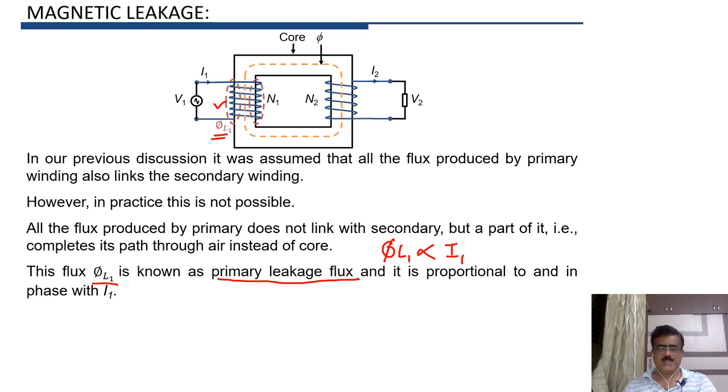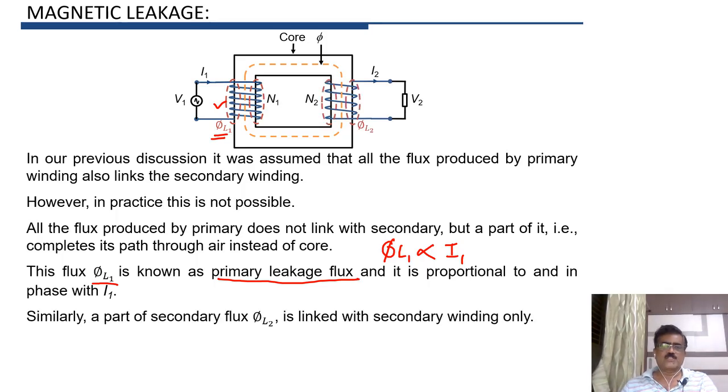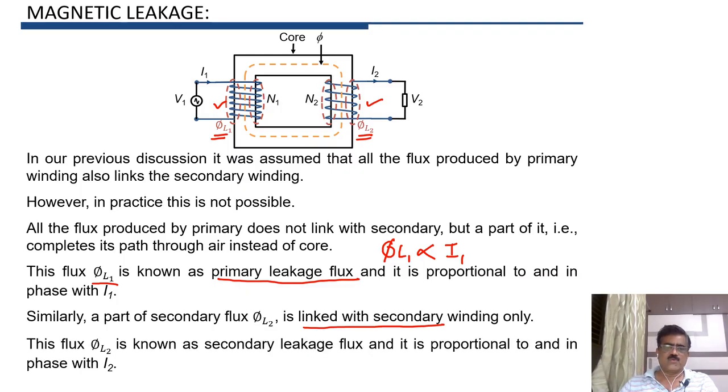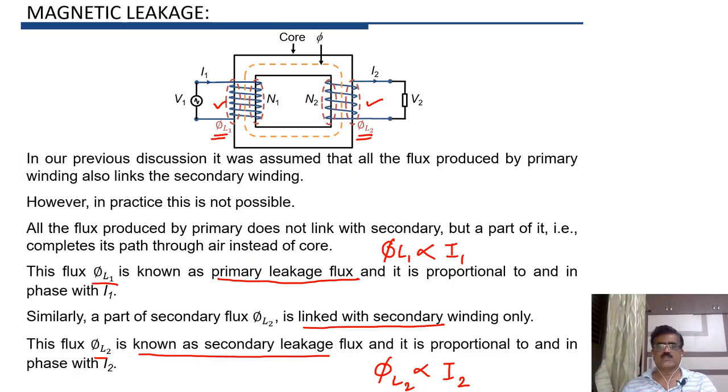Similarly, all the flux produced by secondary cannot link with primary. So a part of flux, that is phi L2, completes its path through air and therefore is linked with secondary winding only, and therefore this phi L2 is known as secondary leakage flux, and again this phi L2 is proportional to secondary current I2 and it is also in phase with current I2.